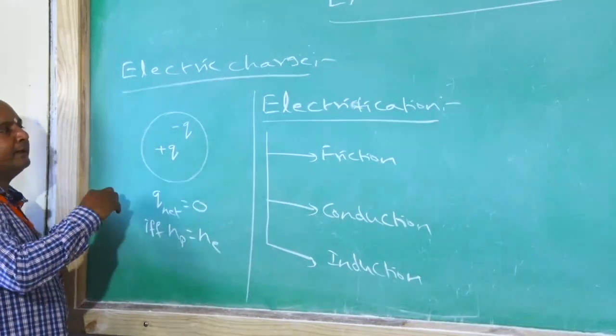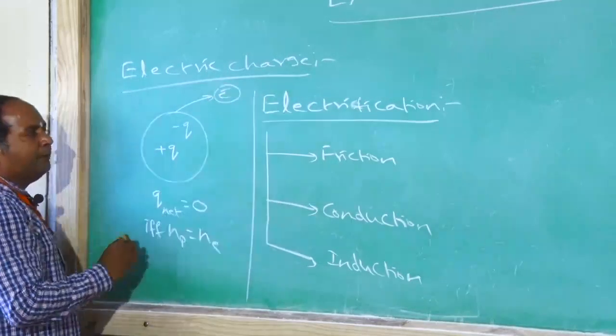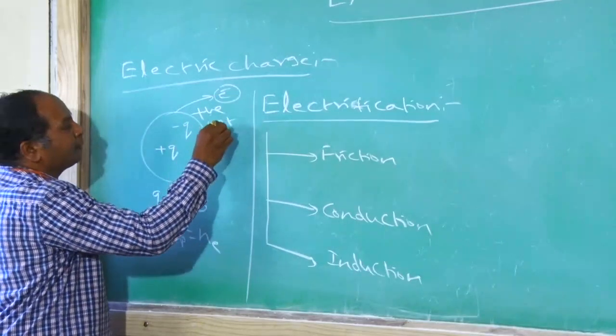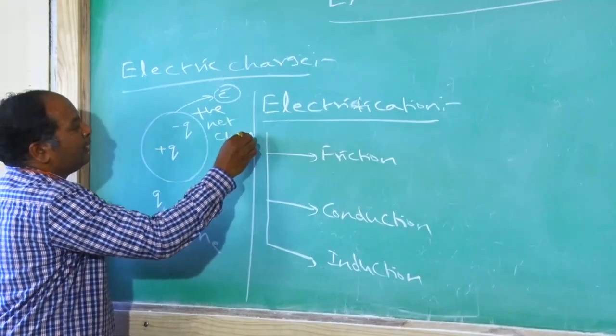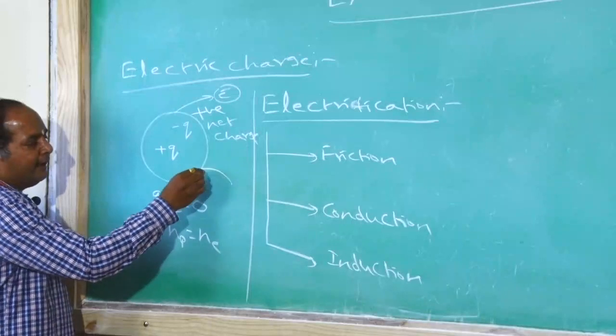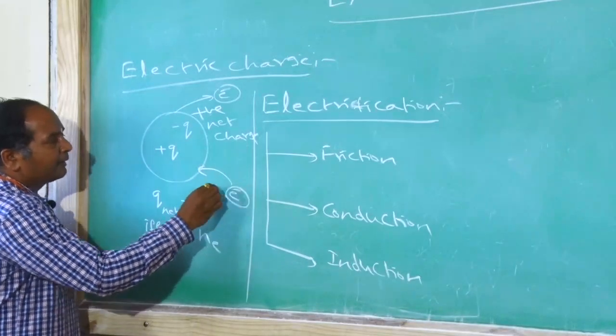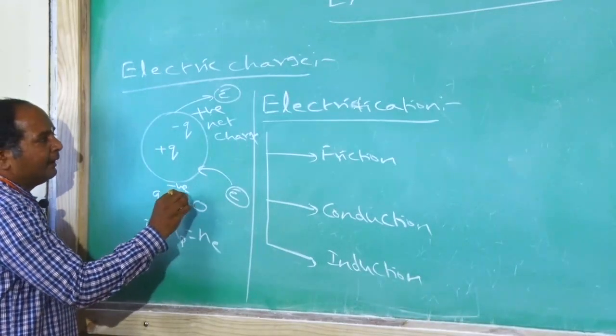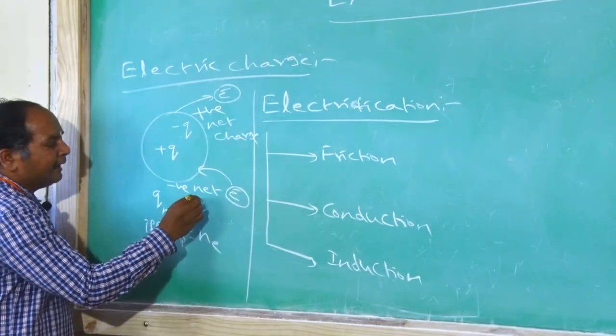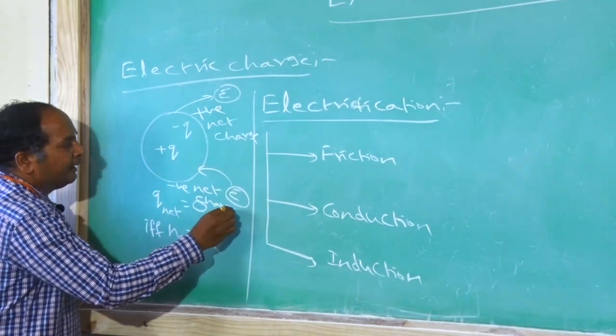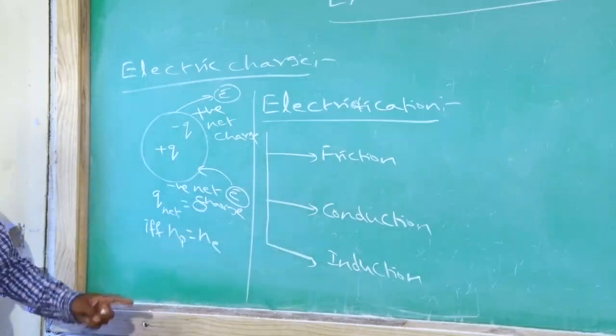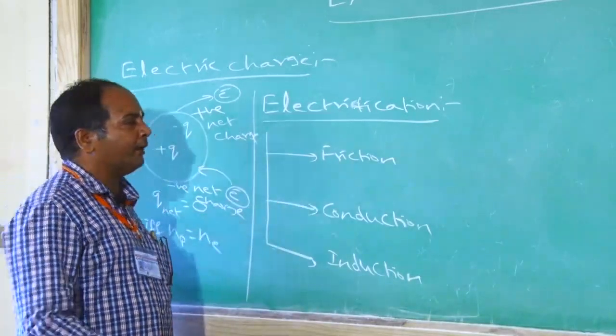Due to any process, if the body loses the electrons, then we may say the body is getting positive net charge. If, due to any one process, that body gains the electrons from outside, then we are able to say that it has negative net charge during any electrification process. Here friction means what?